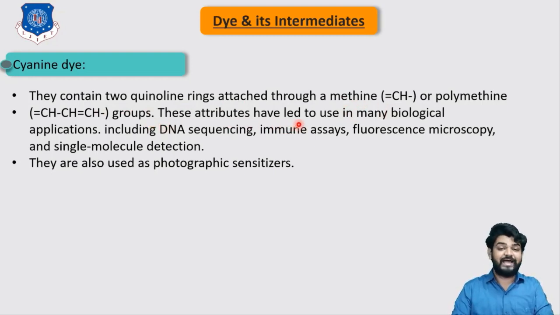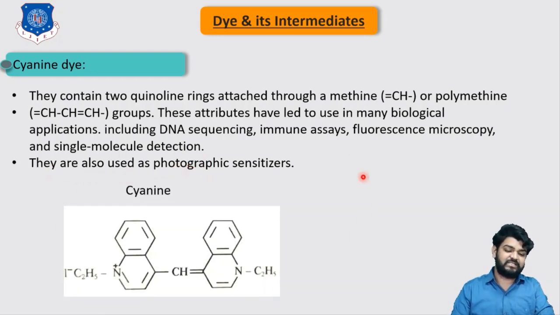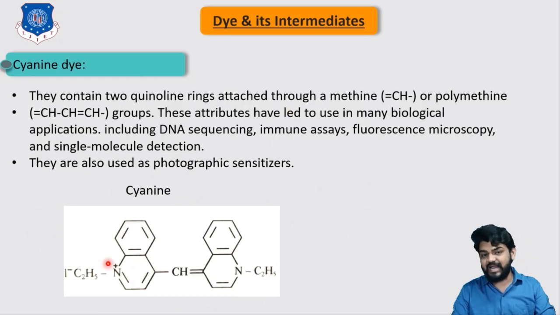These attributes have led to the development of different biological applications that include DNA sequencing, immunoassays, fluorescent microscopy and single molecule detection. They are also used as photographic sensitizers, right? So as you can see here, this is the structure of the cyanine dyes.